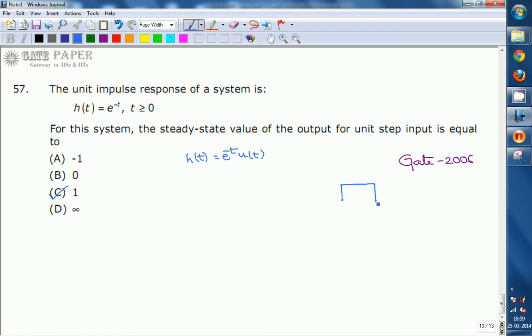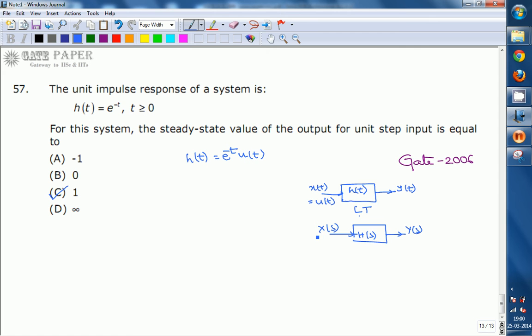Taking the system with impulse response h of t, with input x of t and output y of t, given that the input is the unit step input and the impulse response of the system is given, applying the Laplace transform we will get h of s, the output is y of s and the input is x of s.